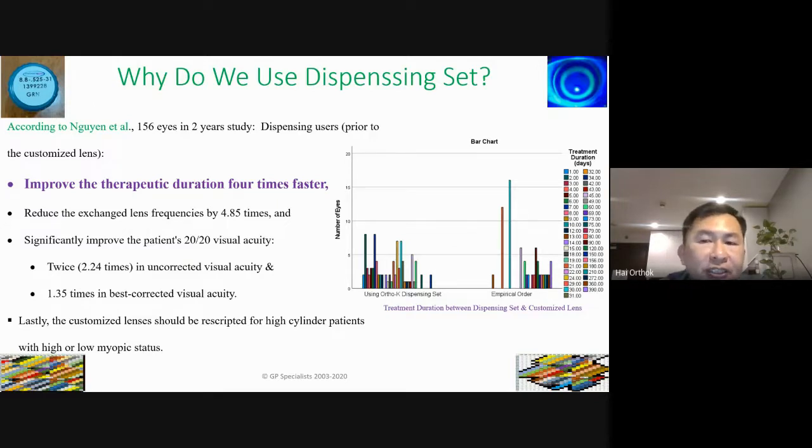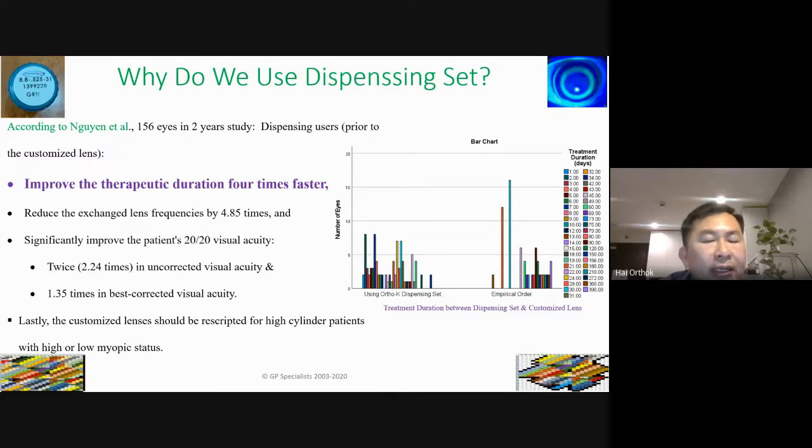If your first customized lens is incorrect, the patient ends up wearing an incorrect lens for a long time before the correct lens arrives. Because of that, I advise practitioners to use a dispensing set to troubleshoot the lens, fit the patient, and refill the dispensing set. You don't have to get a very big dispensing set; only 33 lenses or 49 lenses is good enough.